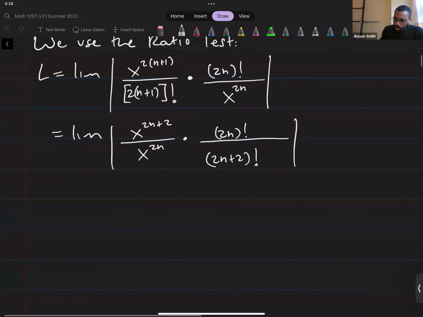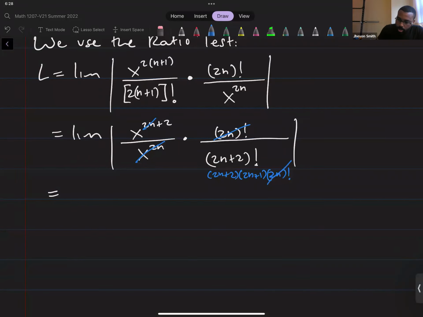And so we know that this cancels that. This is going to cancel into that, but it's going to leave 2n plus 2. Let me bring this in. 2n plus 2, 2n plus 1, and then 2n factorial.